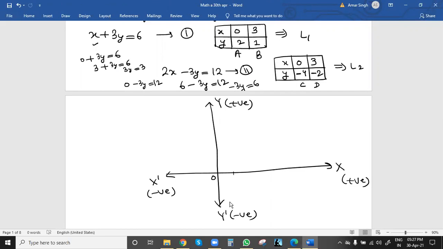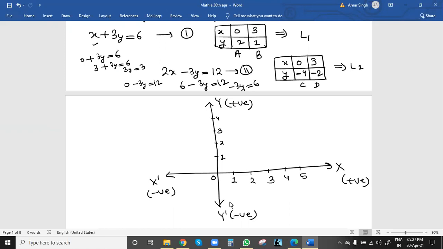We'll take equal gap. 1 centimeter you can take 1, 2, 3, 4, 5, 1, 2, 3, 4. See, minus 4, minus 2 also there.